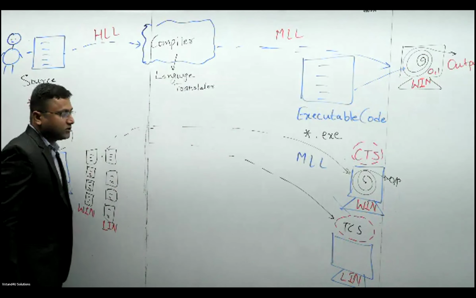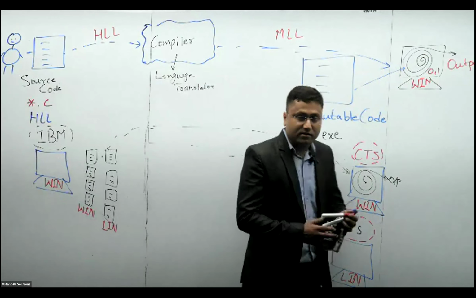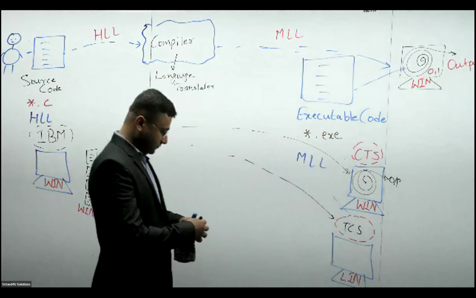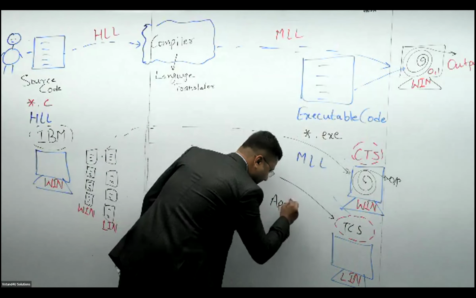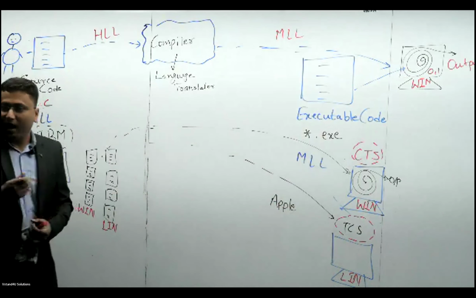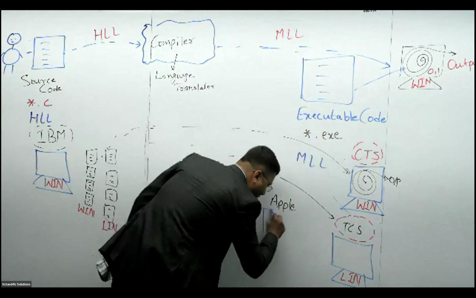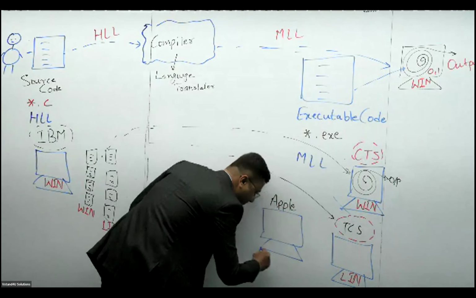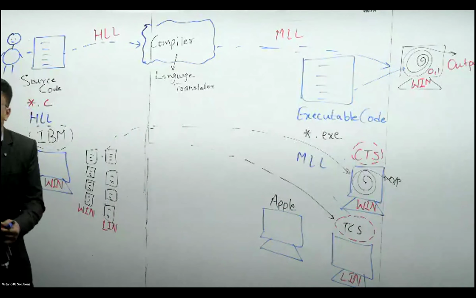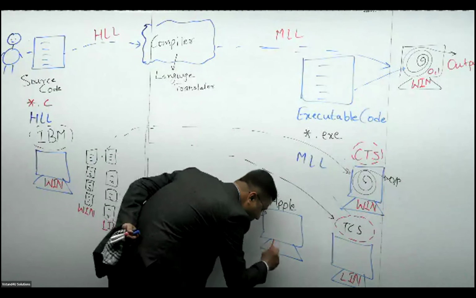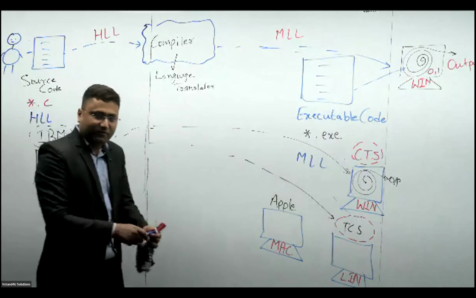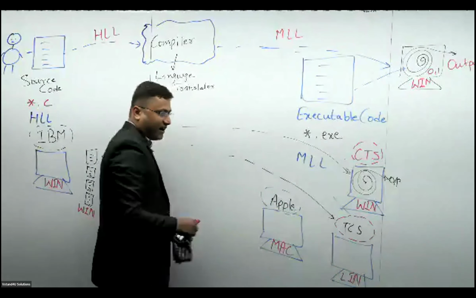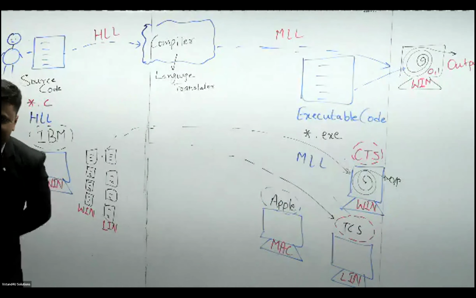Tomorrow one more customer came into existence: Apple. Apple wants our application to be used on its computers, which are based on Mac OS. Congratulations. Once again, our application has failed to work on Mac OS.